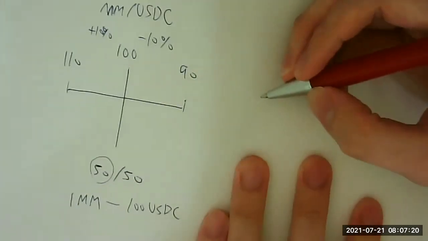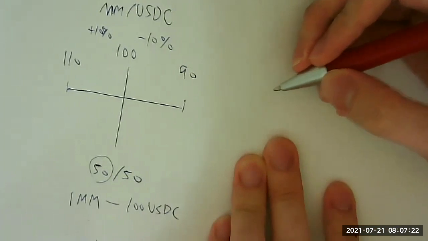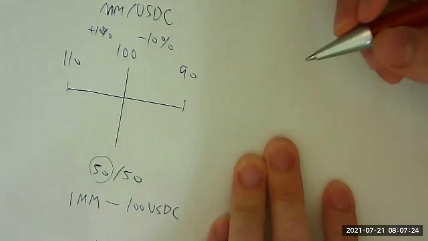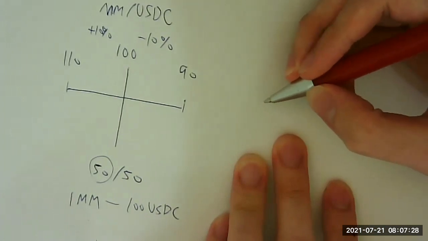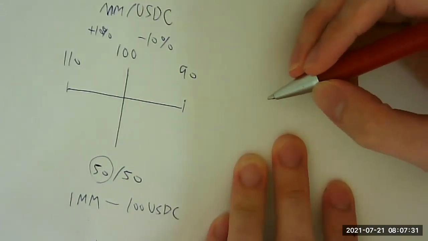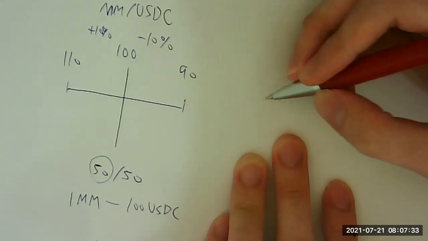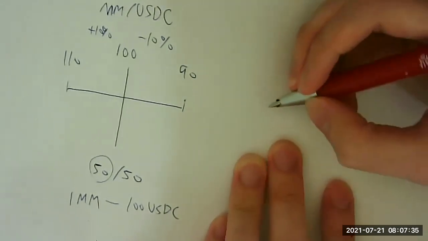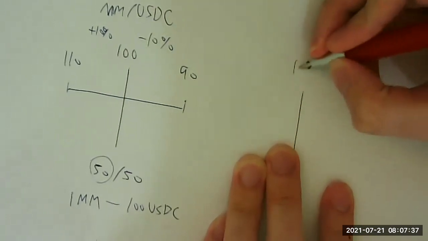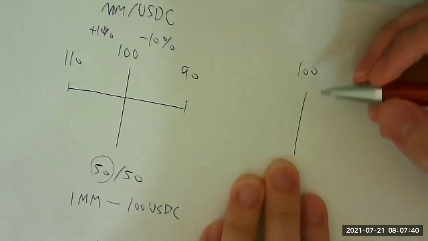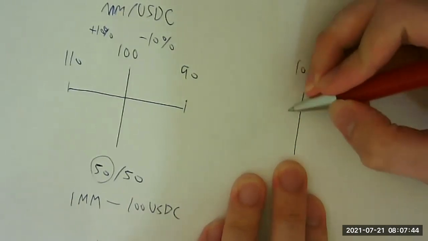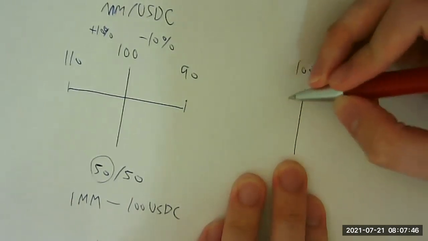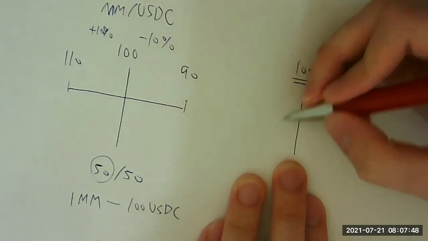Okay, so let me just also give you an example of what the support looks like, or let's just say a similar liquidity pool that I set up yesterday, the one I showed you. So again, if the current price is 100, what I did is I only set my maximum slightly higher than the current price.